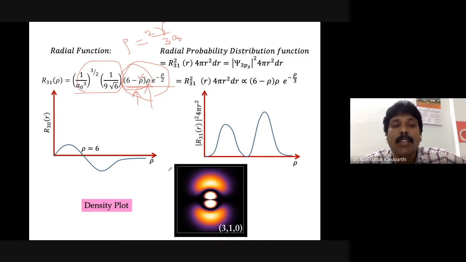So you will see that it will keep on increasing and then decrease. In fact, it will go to a negative value. It becomes 0 also. Why? Because when rho is equal to 6, 6 minus 6 becomes 0.